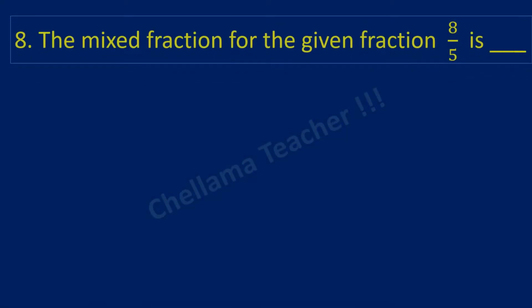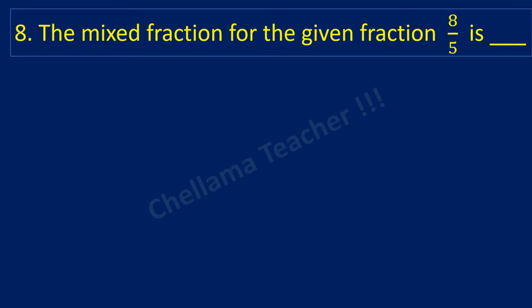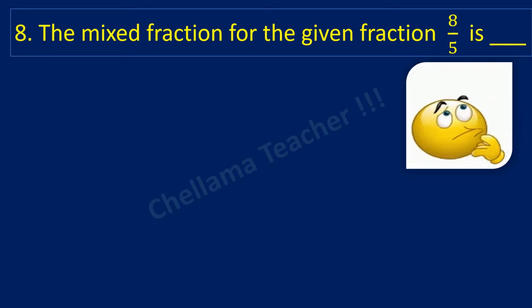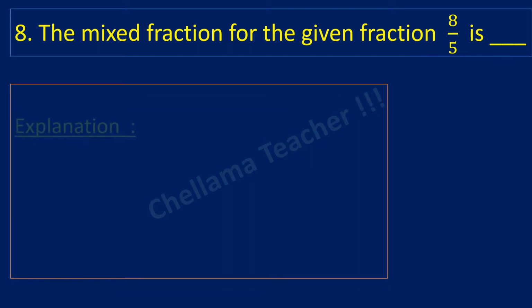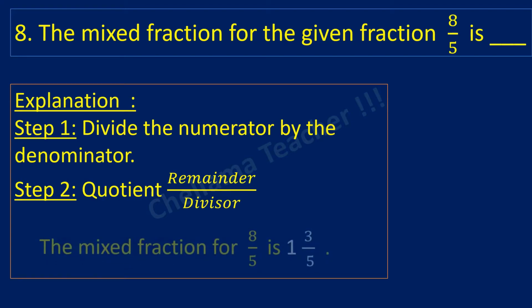Question 8. The mixed fraction for the given fraction 8 by 5 is dash. How to do this problem? Here, step 1. Divide the numerator by the denominator.